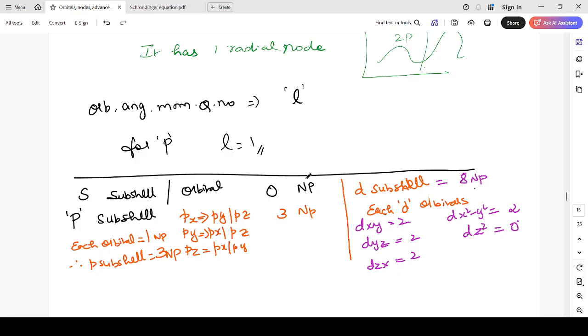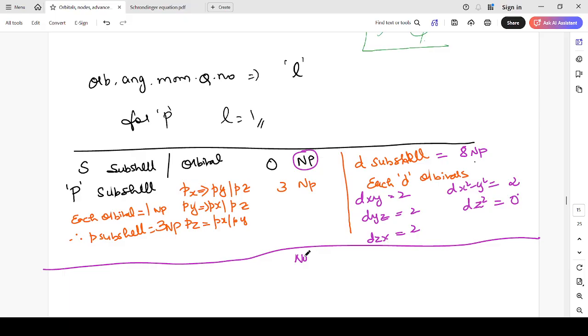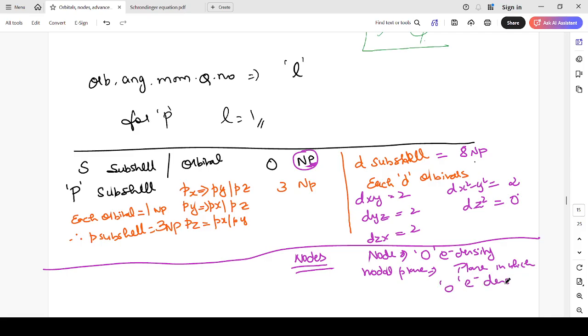So this was with respect to nodal planes. Now we are going to learn about nodes. This was nodal plane, now we are learning nodes. This is with respect to a plane. The node itself tells you zero electron density. When I say nodal plane, I am talking about the plane in which zero electron density is there.